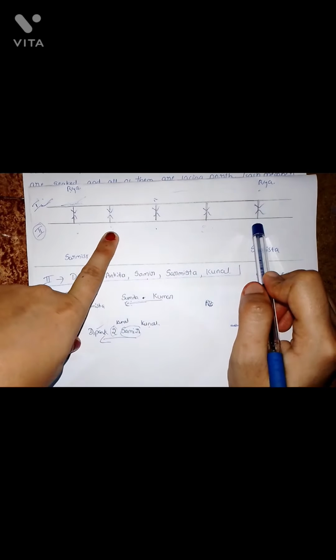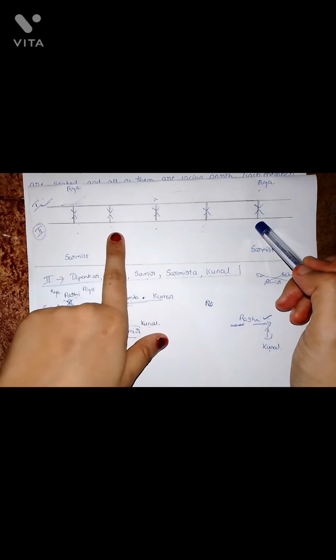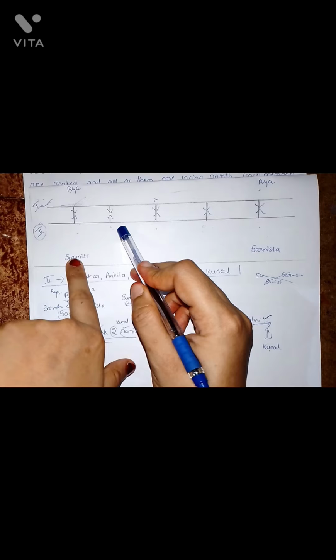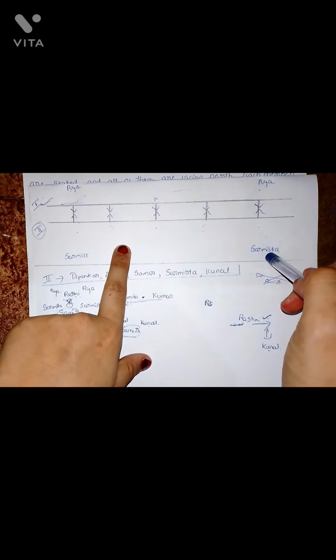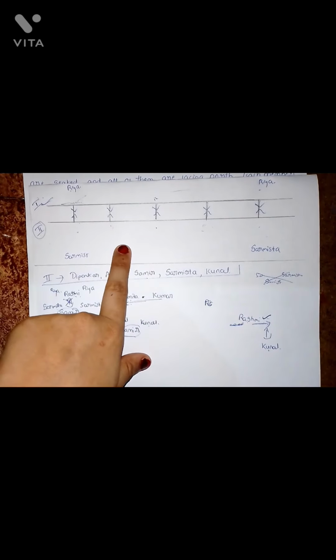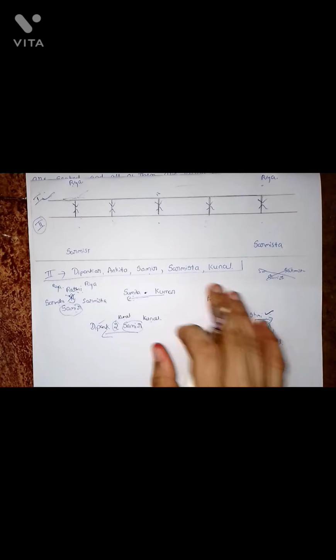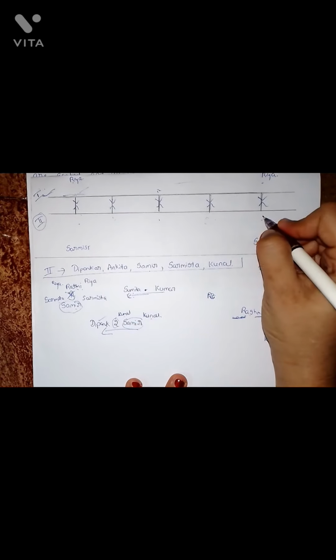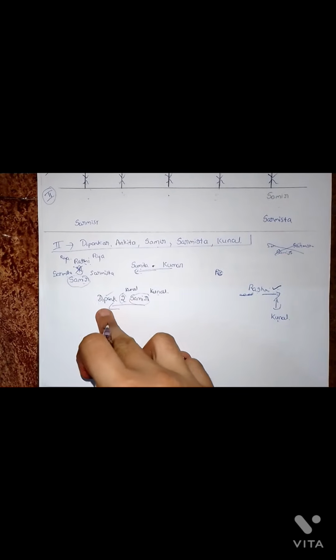If Deepankar comes here, Sharmishta comes here or here. I will write it down. If we consider that Samir comes here, we have to leave two spaces, then write Deepankar.